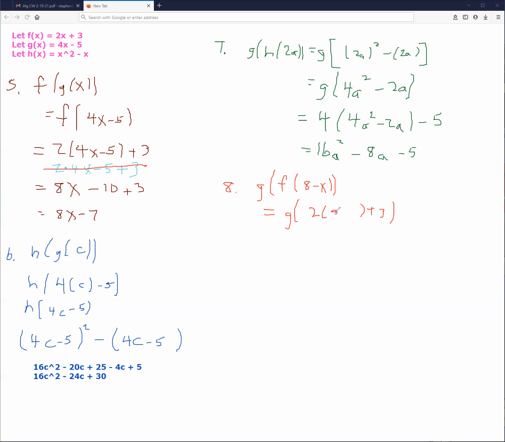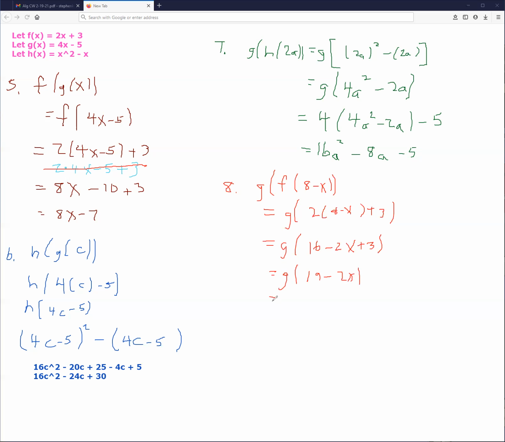And the stuff is 8 minus x. So we've got g of, distribute, 16 minus 2x plus 3. The 16 and the 3 we can put together to make our lives a little easier. So that's 19 minus 2x, or negative 2x plus 19 if you prefer.